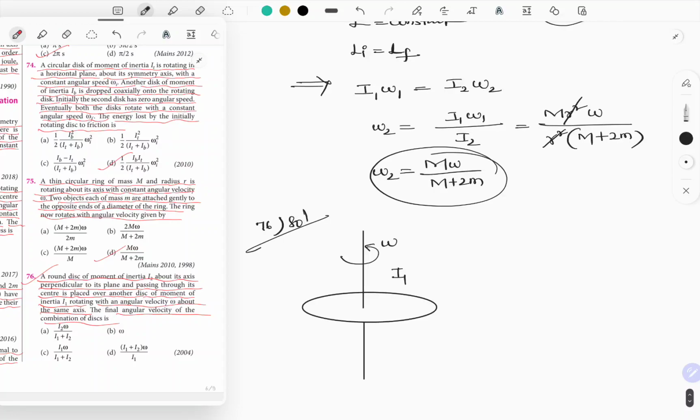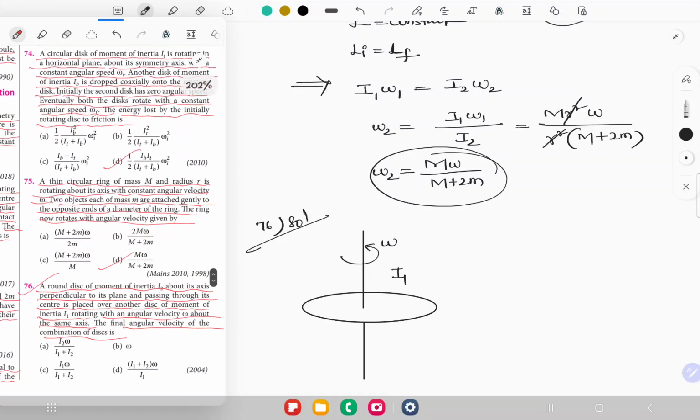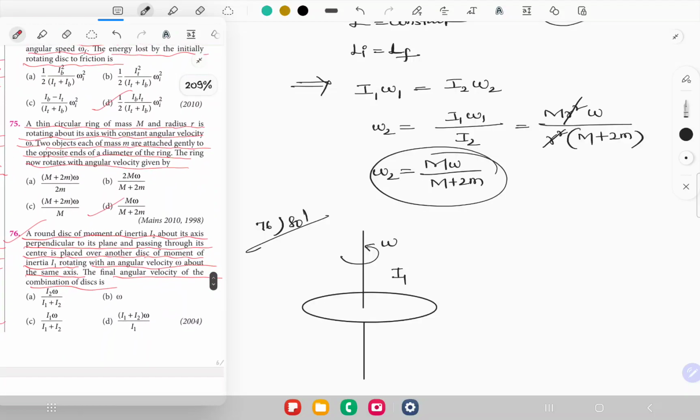Initially, so the disk which is having moment of inertia I1 is moving with an angular velocity omega. On that disk I2 is placed. Try to understand that line carefully. A round disk of moment of inertia I2 about its axis perpendicular to its plane and passing through its center is placed over the another disk.